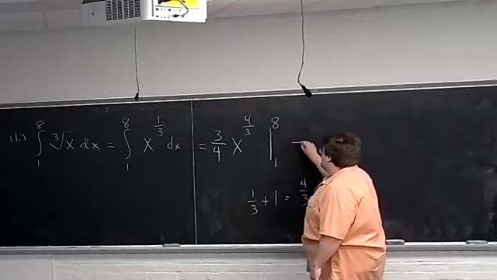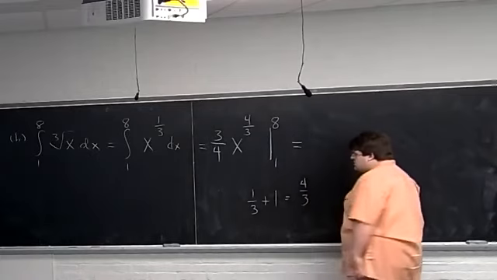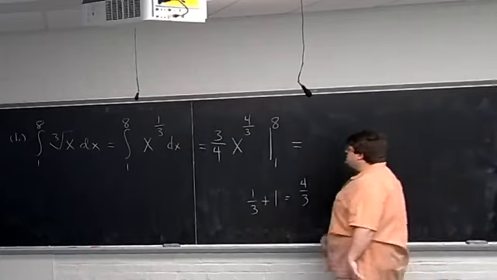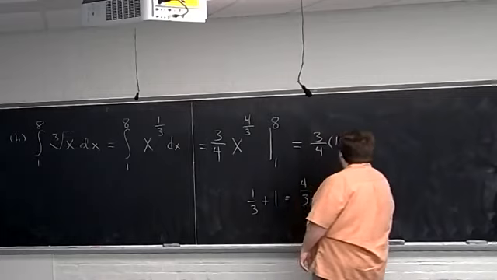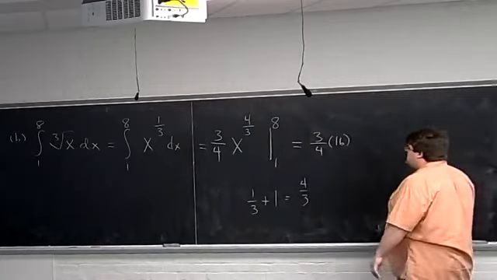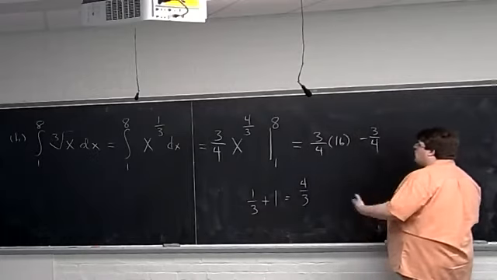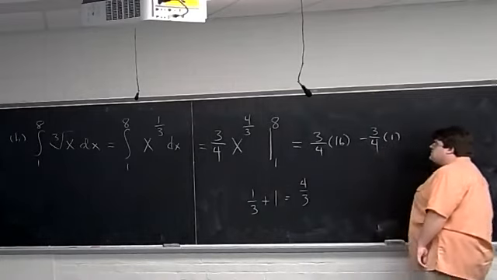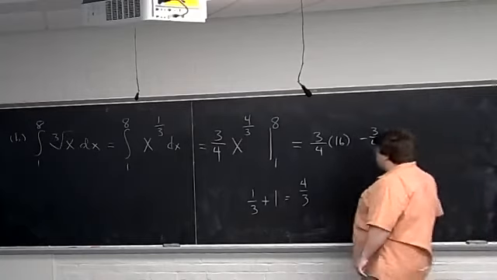What happens when we evaluate it at 8? Well, what's 8 to the 4/3? Cube root of 8 is 2. 2 to the 4th is 16. So we have 3/4 times 16. Minus what happens when we evaluate at 1. 1 to the 4/3 is 1. So we have 3/4 of 16 minus 3/4 of 1.